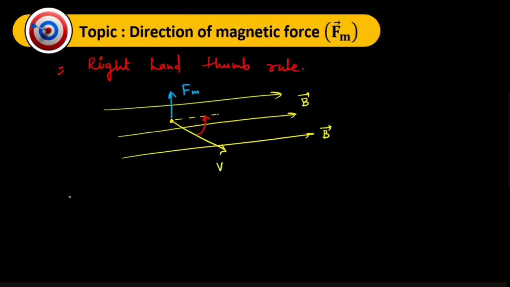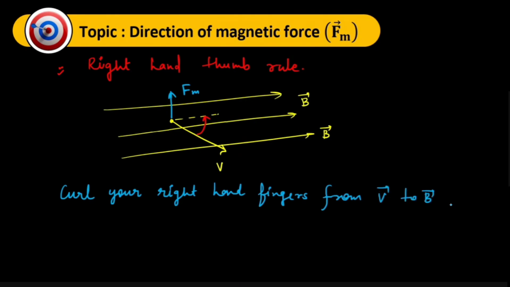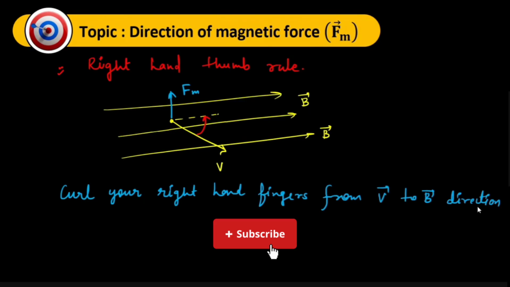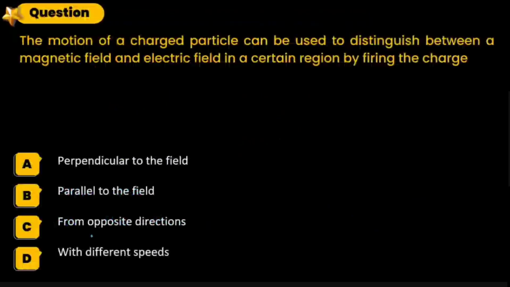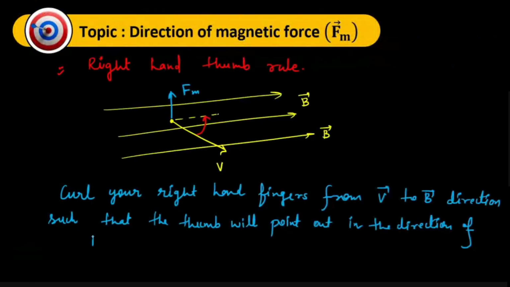So let me write it here. Curl your right hand fingers from velocity to magnetic field direction such that the thumb will point out in the direction of magnetic force.